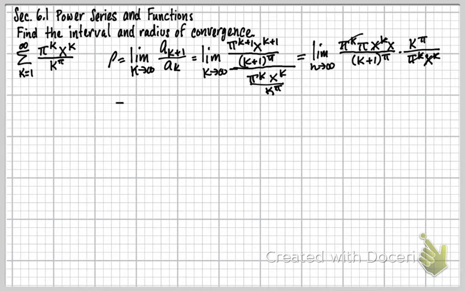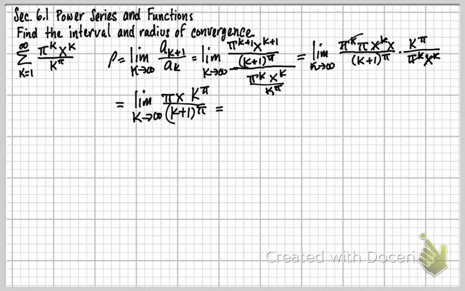All right, so this is what we end up with now. So this equals the limit as k goes to infinity of pi, and I have an x, and then a k to the pi on top, and on the bottom a k plus 1 to the pi. I'm going to pull that pi and that x right out.